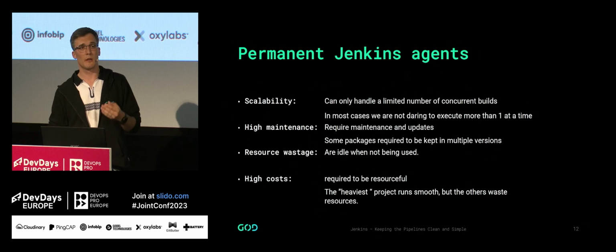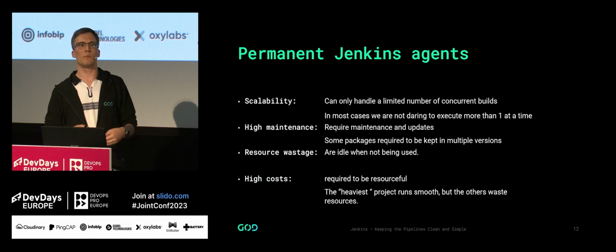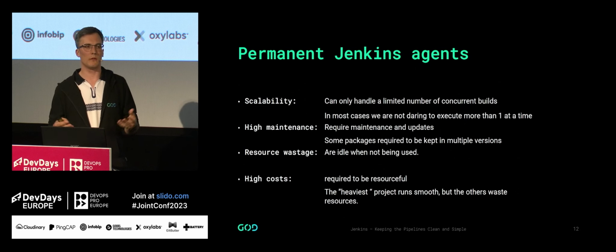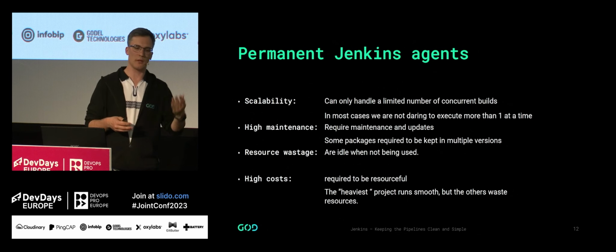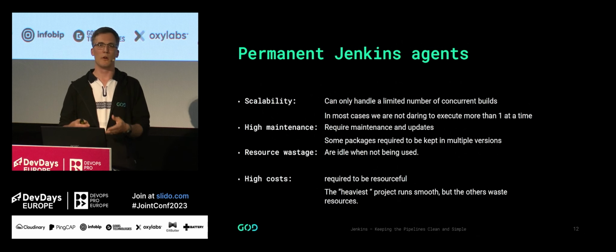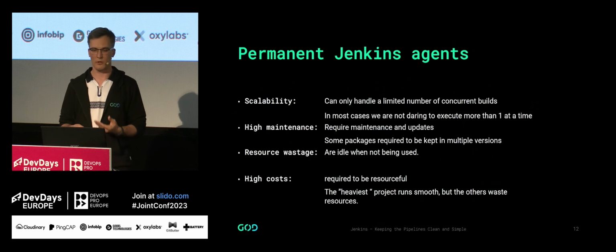Regarding maintenance, there is pretty high maintenance over time because software gets updated pretty often, and you need to constantly create jobs and tasks to make sure that the software on those agents is what you really want to have.